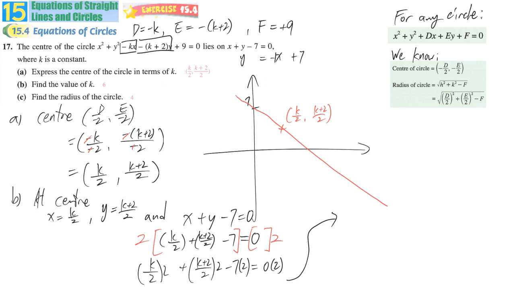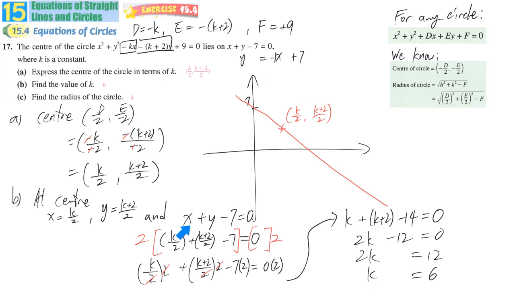Handle it carefully. 2 divided by 2 gives you 1. 2 divided by 2 gives you 1. So we have k plus k plus 2, minus 14 equal to 0 times 2, that means 0. 2k minus 12. Both sides divided by 2, we get k is equal to 6. That's how we get the value of k by using the fact that the point lies on this straight line.